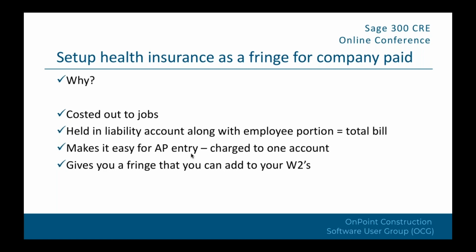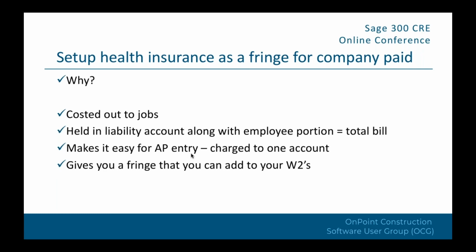So then you have both the employee portion and this company paid portion. Both of them together should equal the total bill. And then it makes it easy when you're going to pay that bill. You just take the entire thing to that liability account and the coding is done.